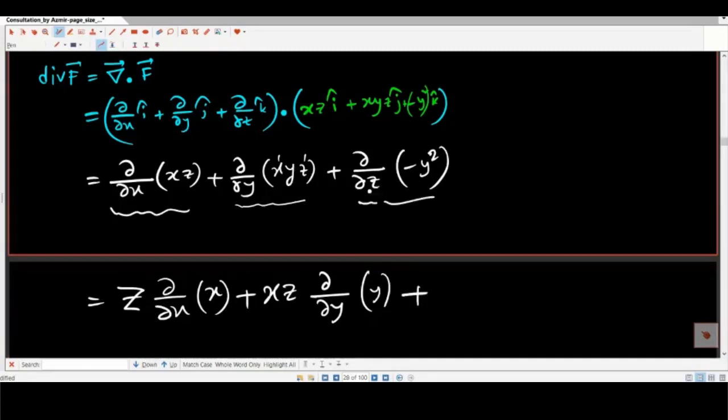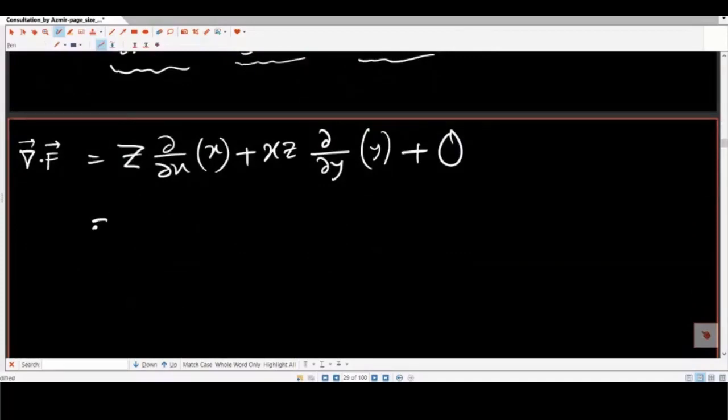We are differentiating in terms of z, but x and y will be constant, so here we have y squared, so y squared is constant. That means differentiation of constant is 0. So this is the divergence of f.